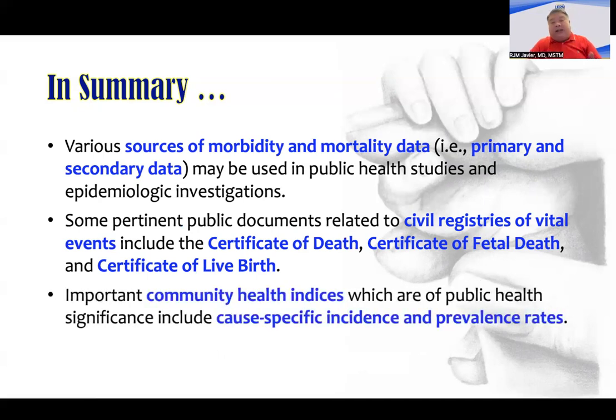And important community health indices, which are public health concerns, would include cause-specific incidence and prevalence rates. That's why you need to know the leading causes of morbidity and mortality for purposes of creating government health programs and prioritizing budget. All of these emanate from the reported causes of conditions based on morbidity and mortality data relying on incidence and prevalence rates.